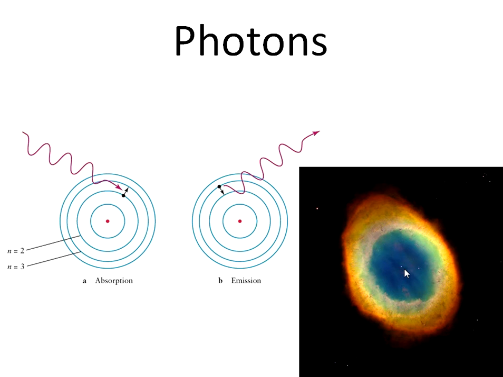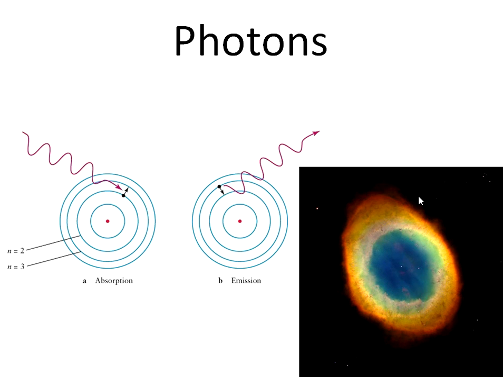In fact, we have a homework problem in chapter 5 related to this object, the Ring Nebula. This object in the very center, we call it a white dwarf star, even though it's not really a star. It's the core of a dead star. This thing is so hot, it produces enormous amounts of ultraviolet light. That ultraviolet light then travels out from the white dwarf star at the center.